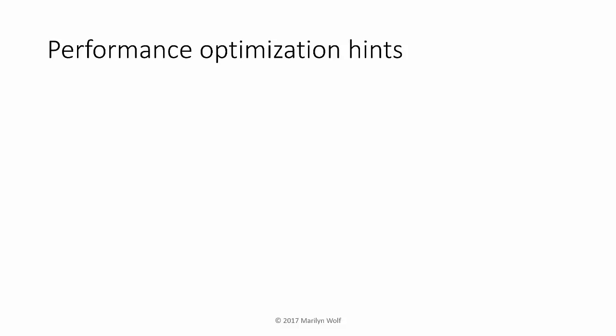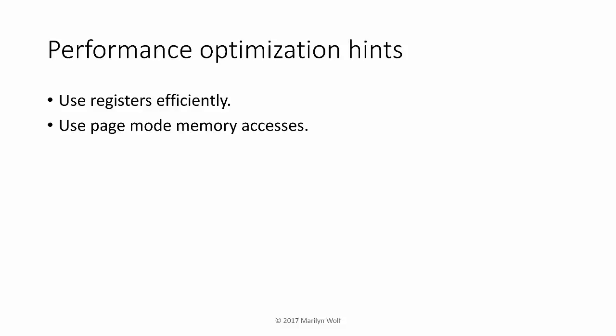Performance optimization is both a science and an art. There are some hints that will help us improve the execution time of our programs. We want to use registers efficiently. If we have inefficient use of registers, that means we're reading and writing memory more often. We want to use page mode memory accesses where possible.